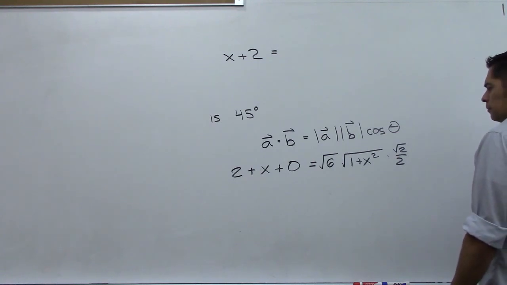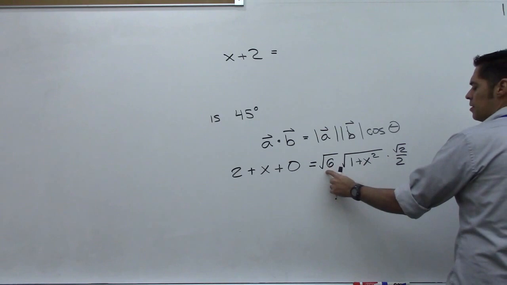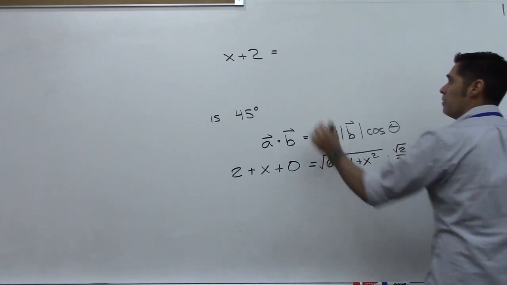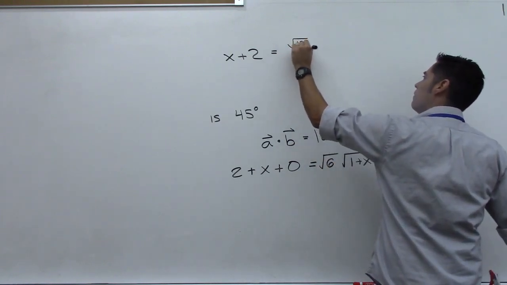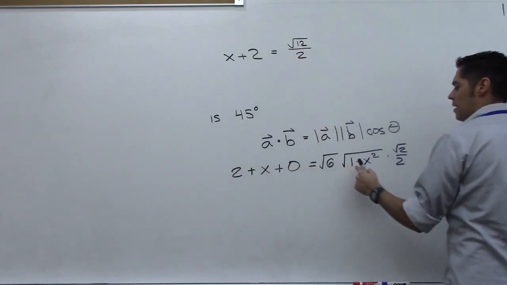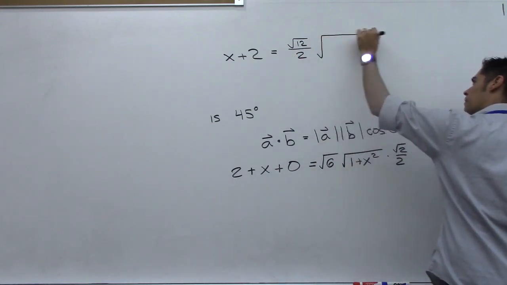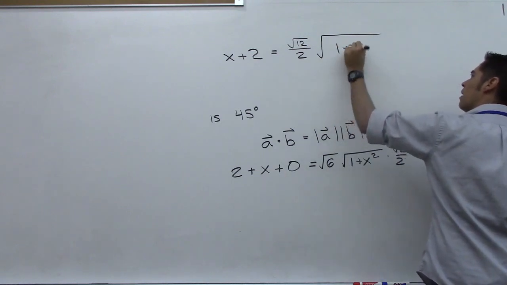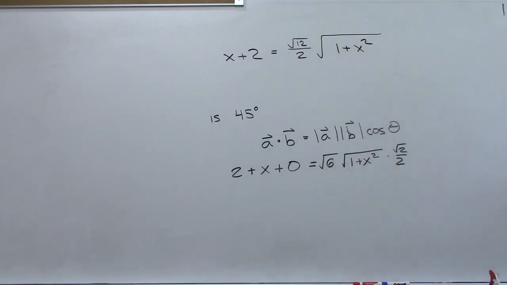How about we put the root 2 times root 6, make it root 12. So I have root 12 over 2, and then this, which is root 1 plus x squared, like that. So that's the right side.